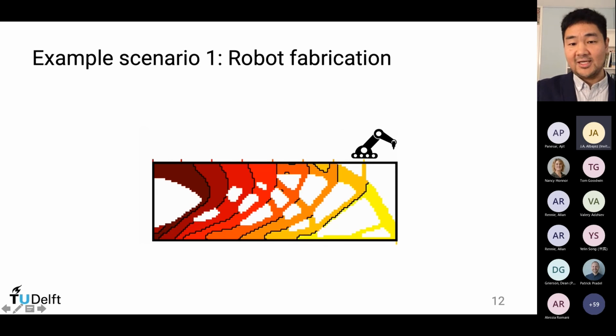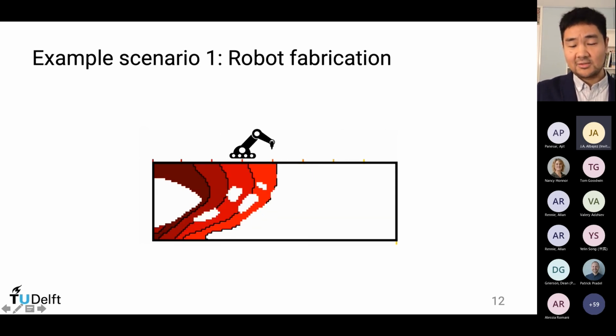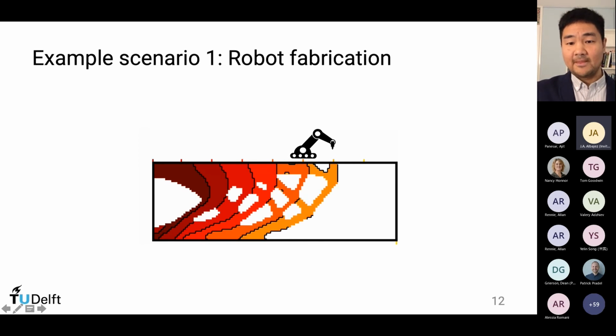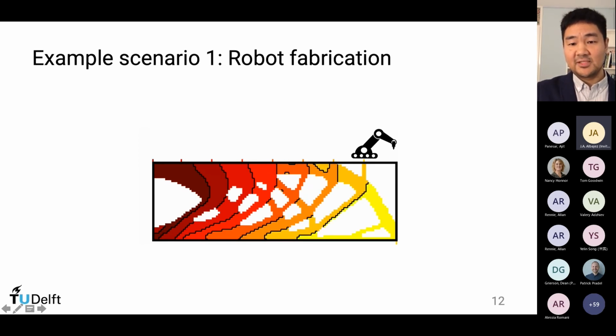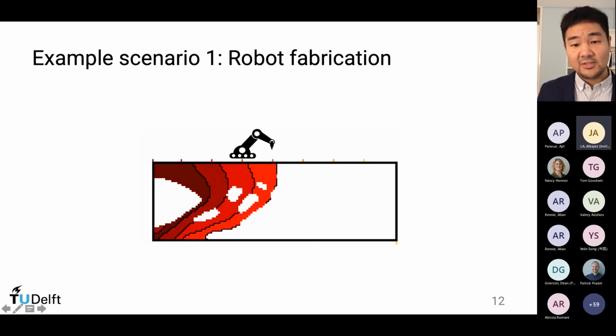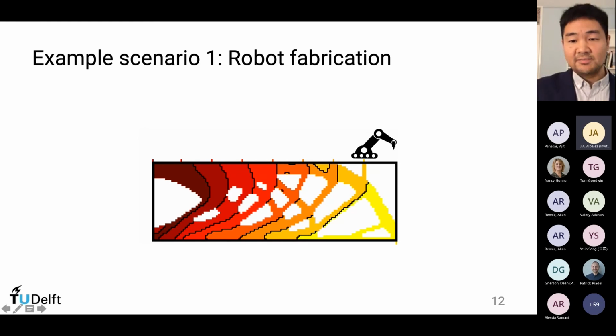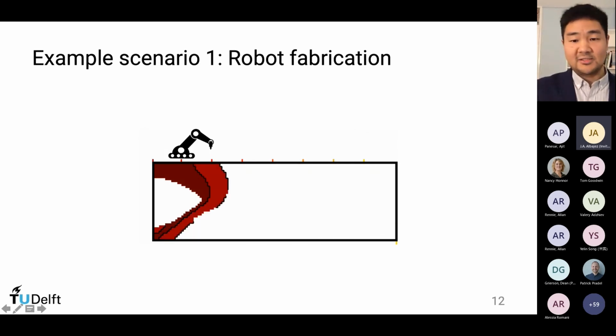It adds material to support its next move, especially if you look at the end. So for instance, here it placed some material in order to support its last move. Without considering the intermediate structures, this beam would be unnecessary.